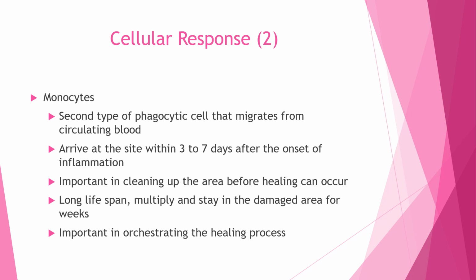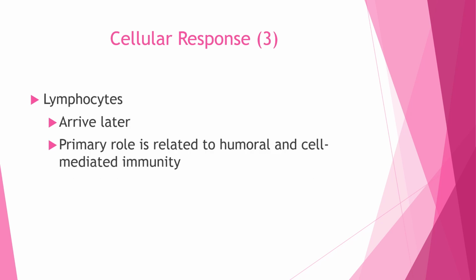They have a very long lifespan. They will multiply and stay in the damaged area for weeks because they are working on the healing process. So these monocytes are very important in orchestrating the healing process. They work very, very hard for the body.